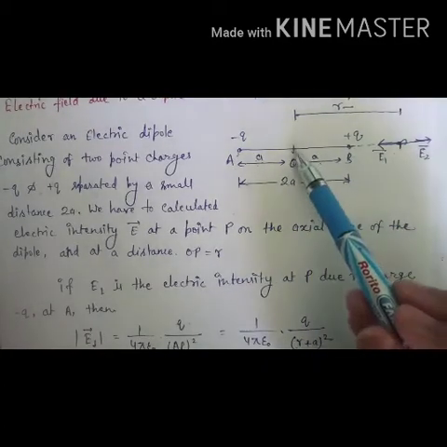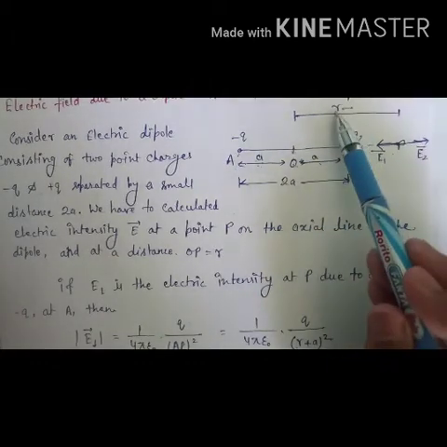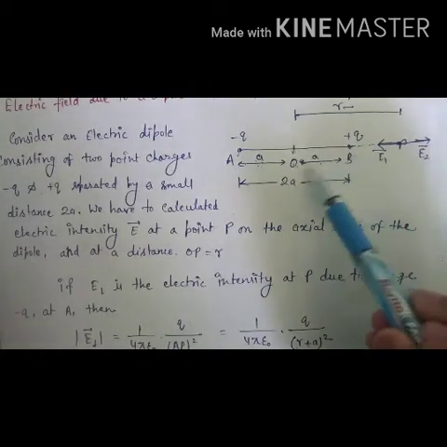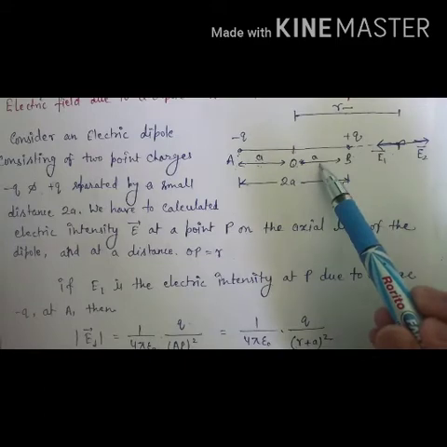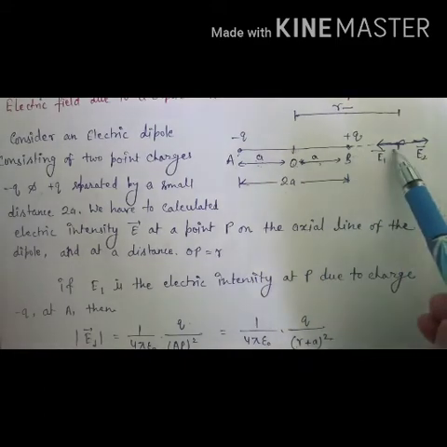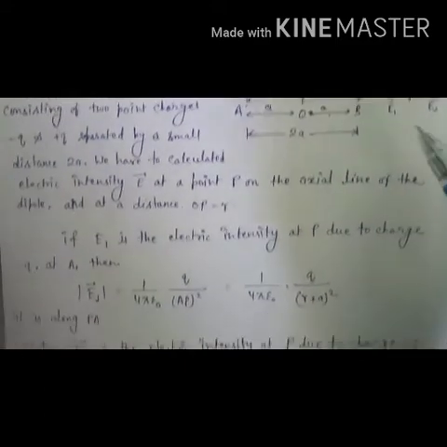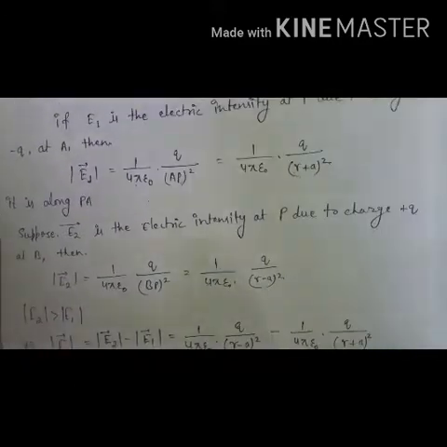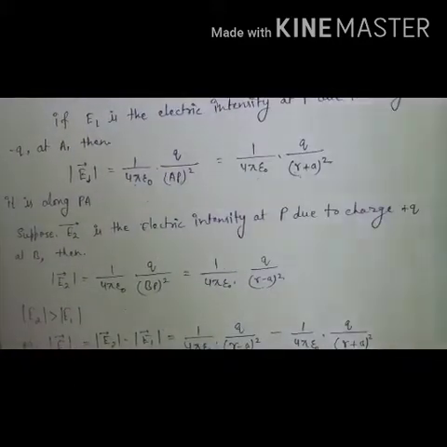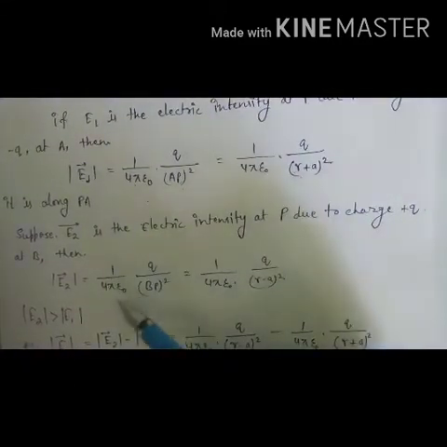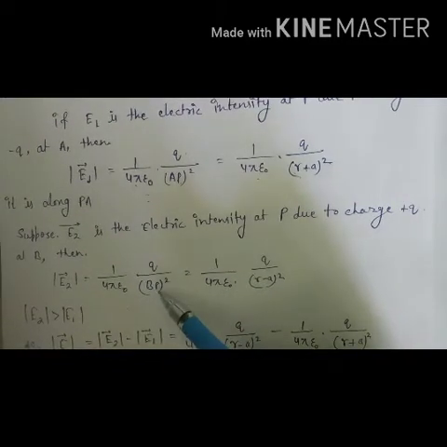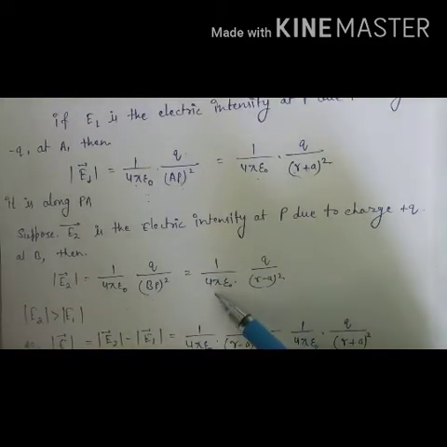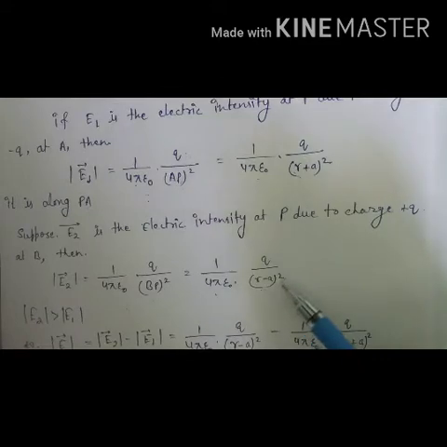Since from O to P the distance is r, and from O to B the distance is a, BP is equal to r minus a. So E2, the electric field intensity due to charge plus q, is 1 upon 4 pi epsilon naught, q upon (r minus a) whole square.